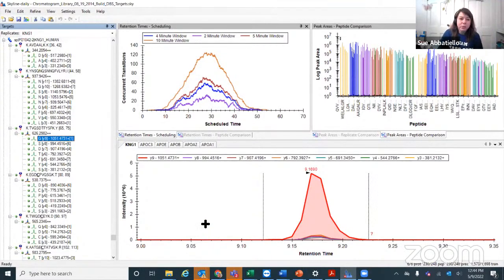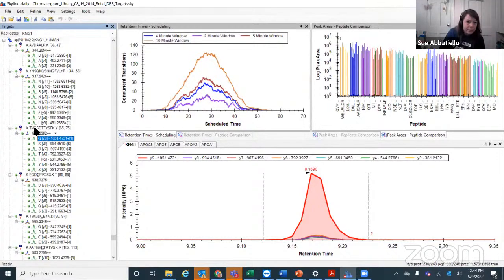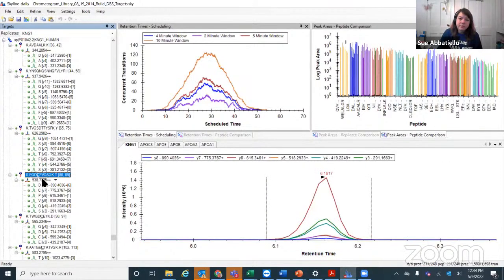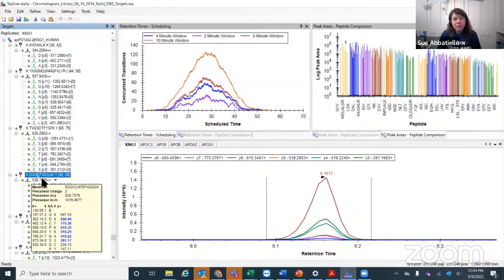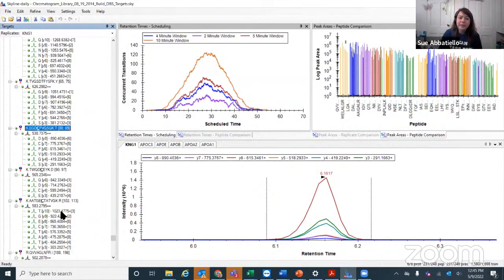And sometimes you just don't get lucky with that. So in this case, I don't know why the Y9, something in here is fragmenting to generate that. But it is one of those things where you get what you get, and you try to see if it makes sense with the sequence of the peptide. But it's not always an ideal, nice distribution of all intense product ions.